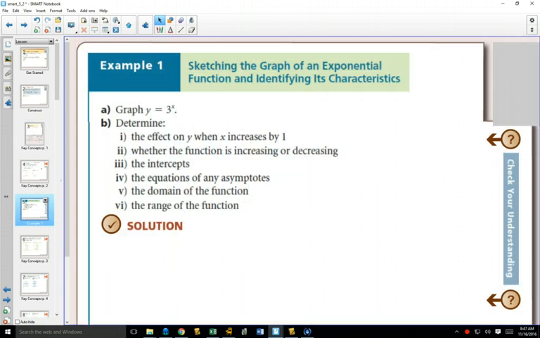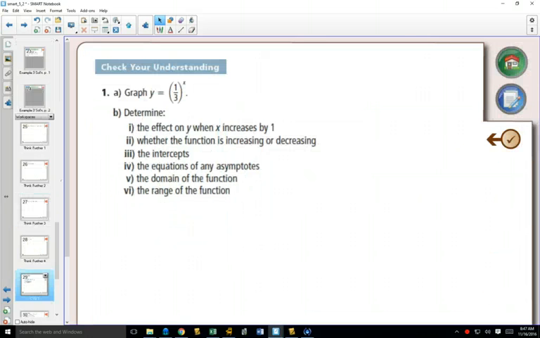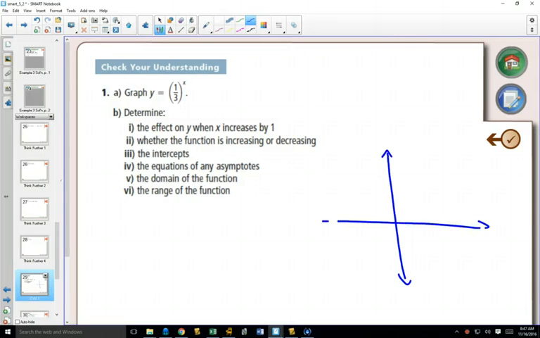Example one is just a straightforward parent graph, and it has some questions to go with it. So we want to graph (1/3) to the x. Again, we know that it's going through (0, 1).